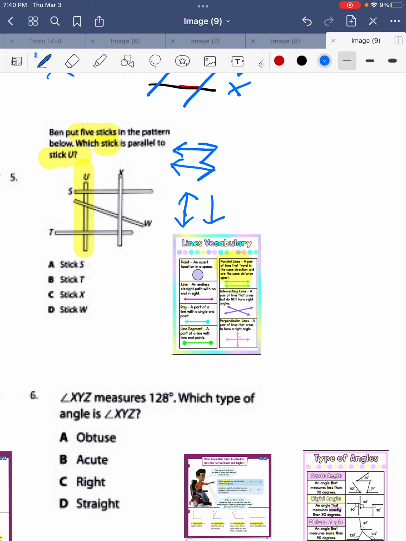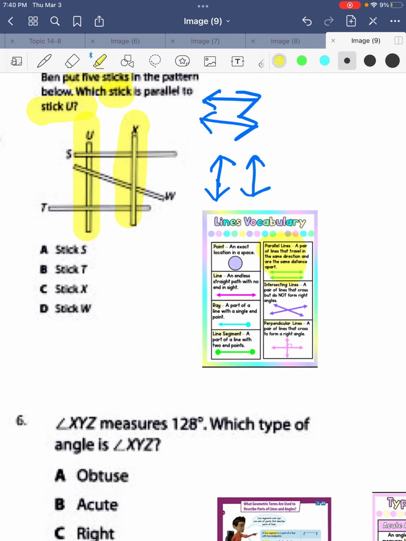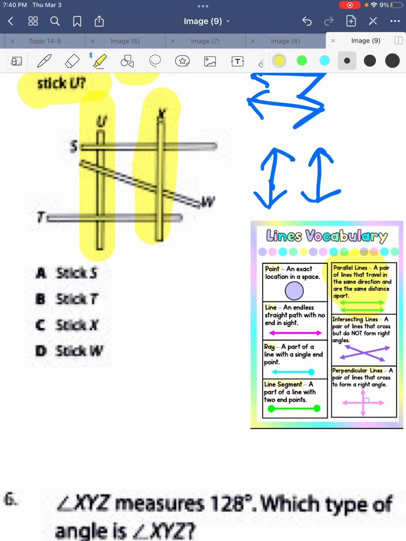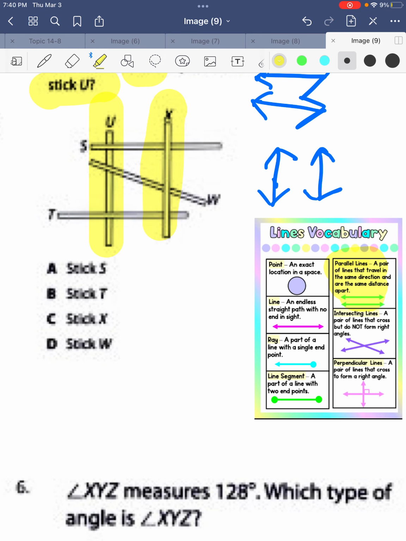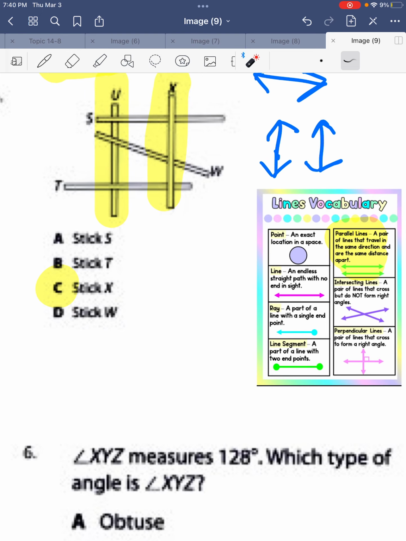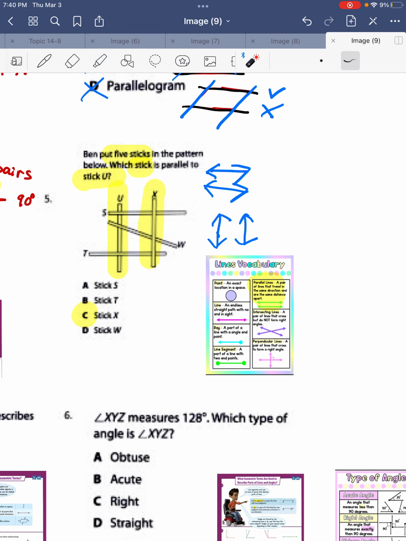Okay? They can either go horizontal or vertical. So my other matching one would be this line right here. Okay? And I'm going to go with C. Okay? So they're both going vertical like this. They are never going to touch each other. Okay? That's how you do 5.